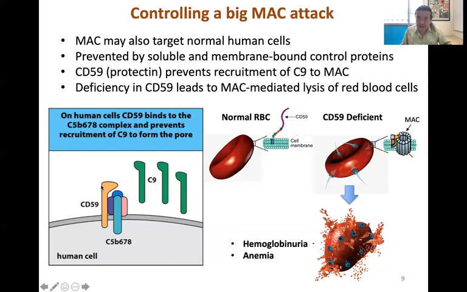So CD59 is present on the surface of our body's healthy cells. It's also called protectin, right? Clever name. And the way it works is it gets in the way of the MAC complex that's forming, preventing it from actually finishing the formation by recruiting the C9. You can see here, that's what's represented here. So you have a membrane attack complex that's improperly forming on the surface of a human cell in your body, right?